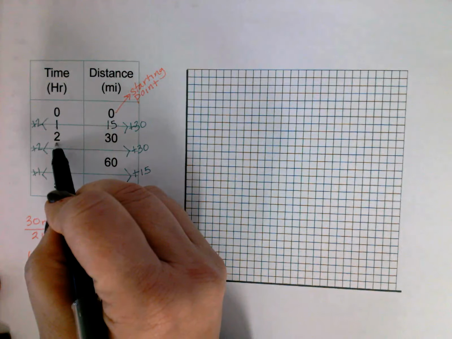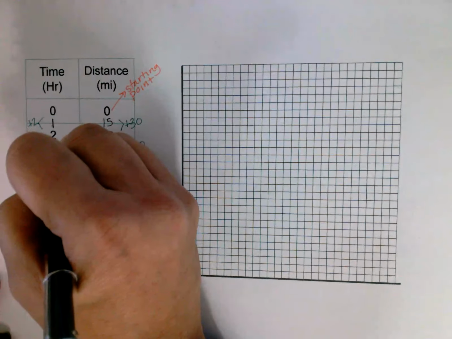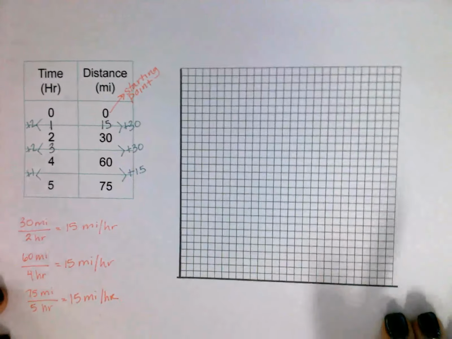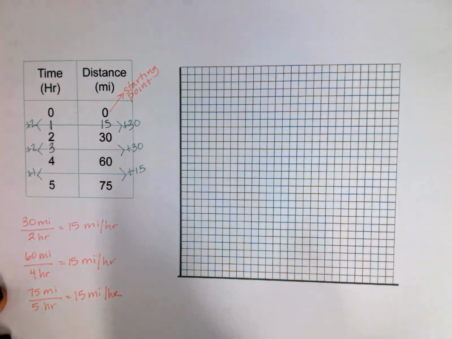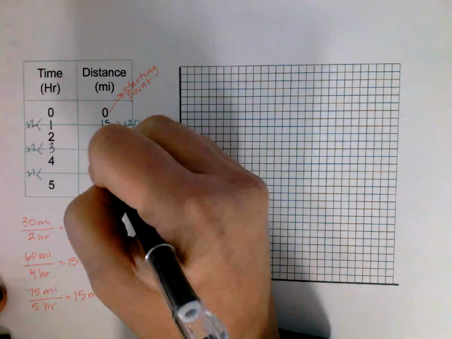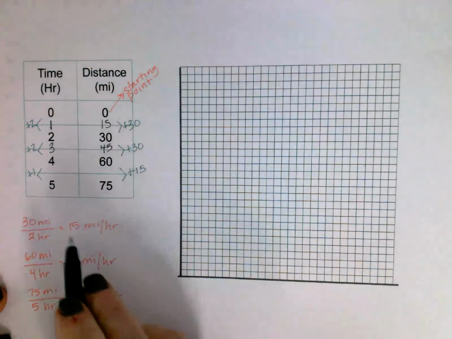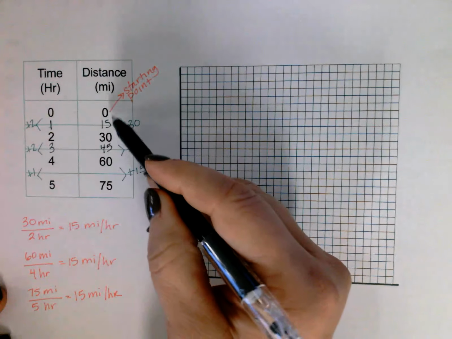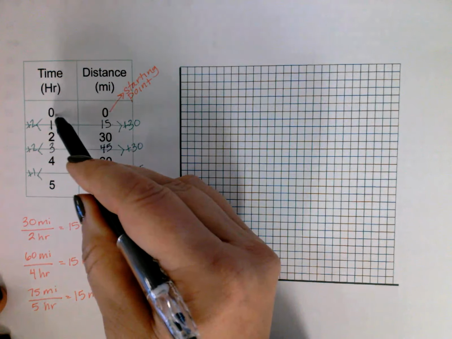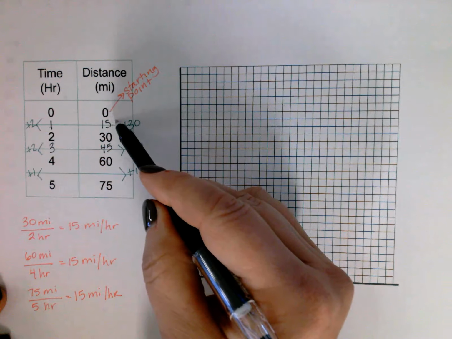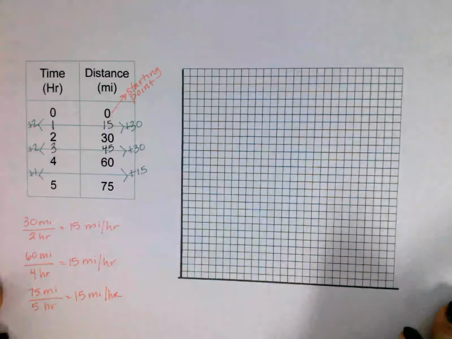Then at the second hour, they would have been at 30. So how far would they have traveled if they went for 3 hours? 45. Because for every hour, it is 15. So from here to here, plus 1, plus 15, plus 15.